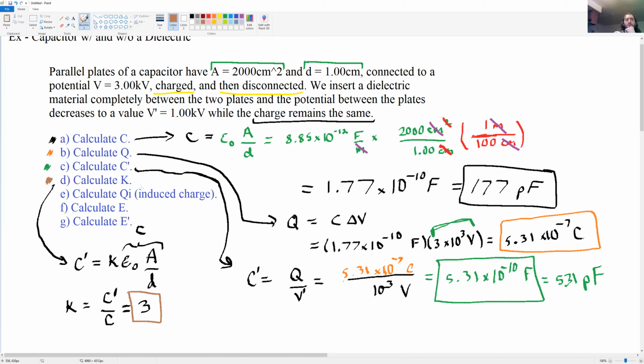Now we need to calculate the induced charge on the dielectric material. Okay. And so let me remind you, and actually I have it over here on the side.